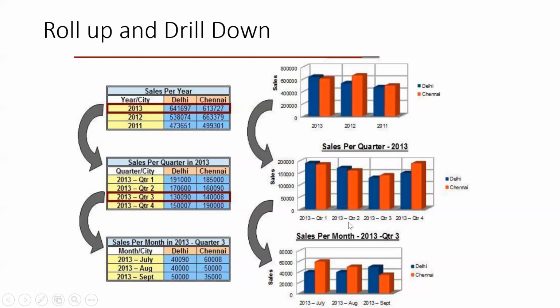The same thing should be there in the bar as well. Okay, so that is called drill down, and the vice versa thing, if we are going from the last graph to the upper level, that is called roll up.